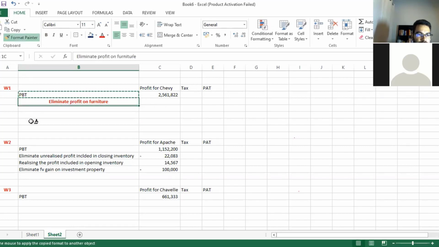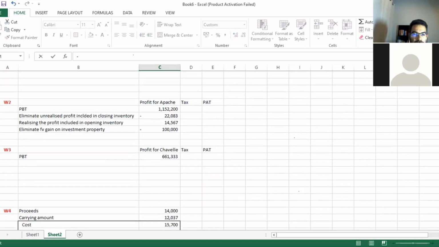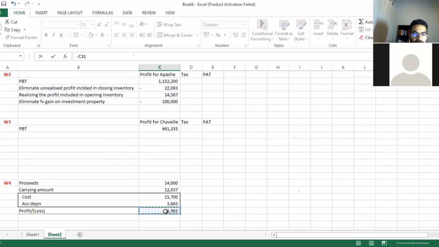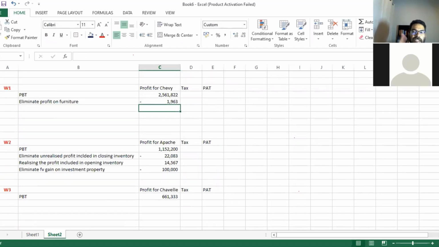So eliminate profit on furniture. Because profit increased our current profit figure, to eliminate it, we need to subtract it. So I'm going to say minus 1963. There I removed that. That's the first part, eliminating the profit or the loss, in this case, eliminating the profit.